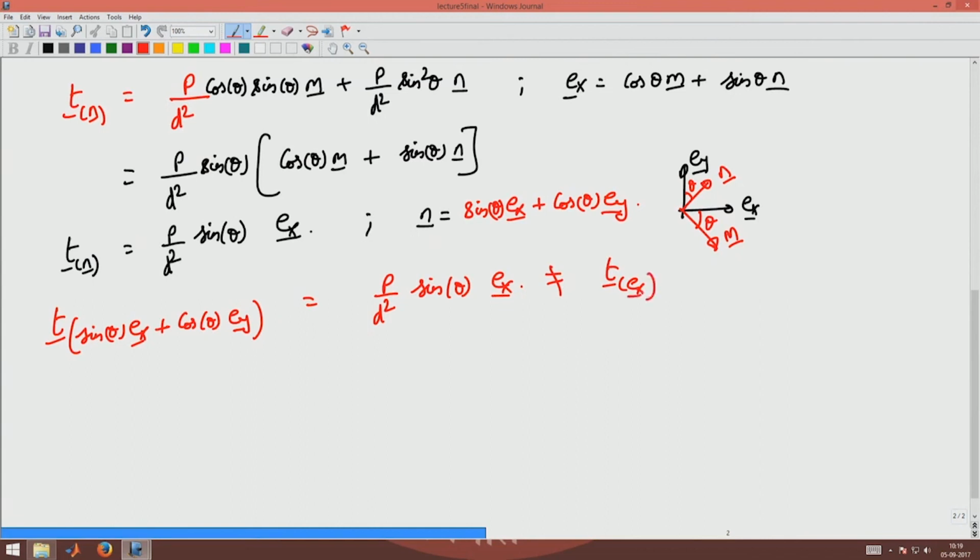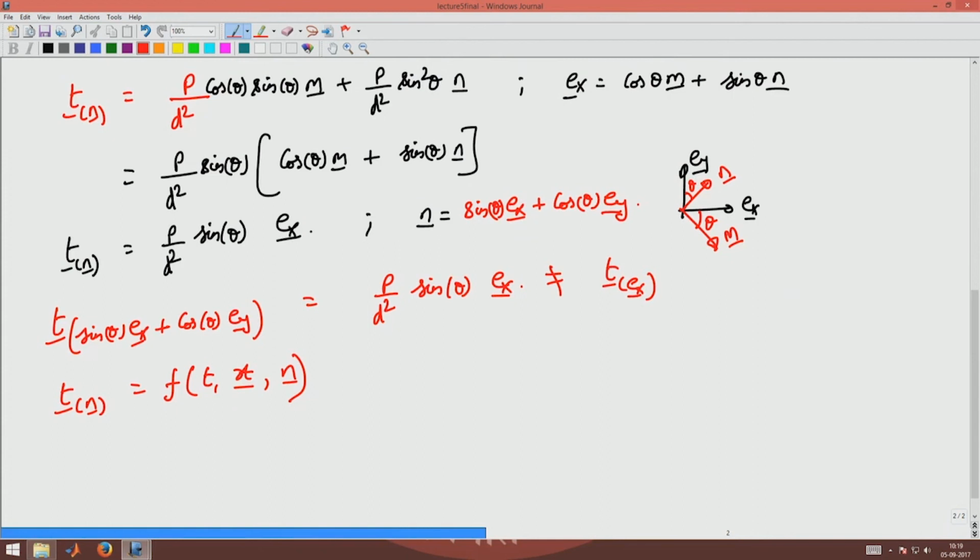Okay. Thus we find that the traction T's of n is a function of the time, the position vector of the particle that you are considering, and the normal to the cut surface that passes over that point.